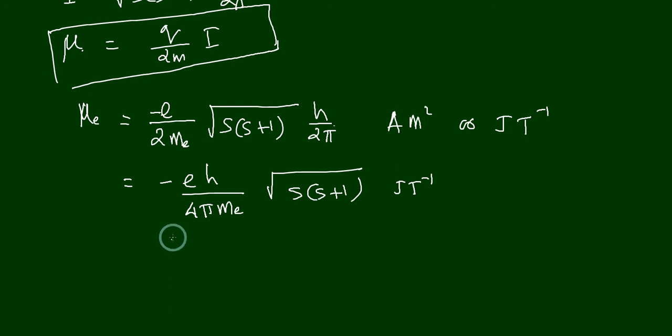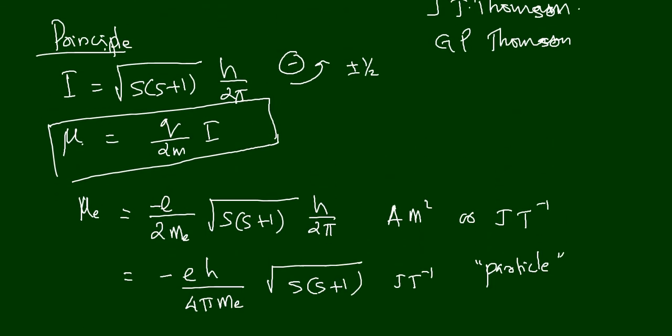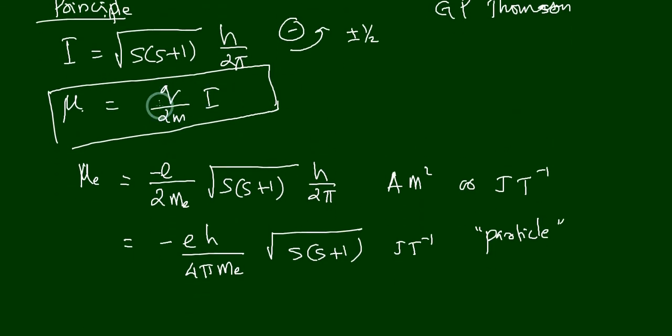And I got this equation by considering that the electron is a spinning particle. Particle, that is important. And I assumed that the charge of the particle is q and the mass of the particle is m. That equation only I applied for the electron. So in this equation, the electron is purely considered as a particle.